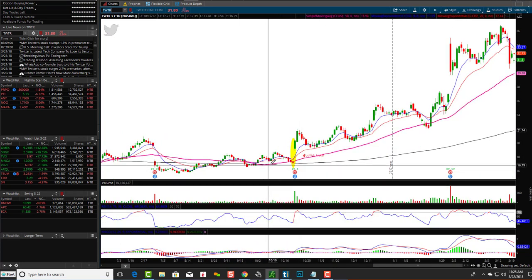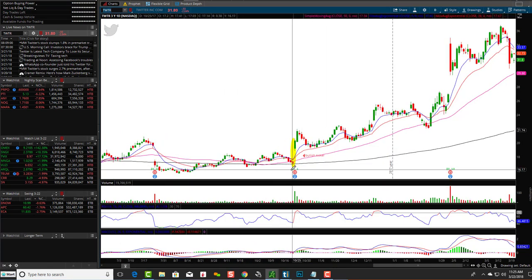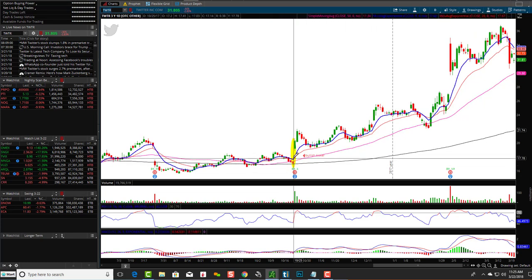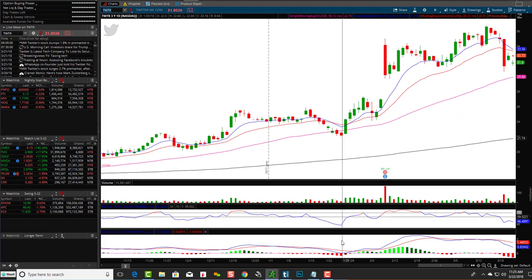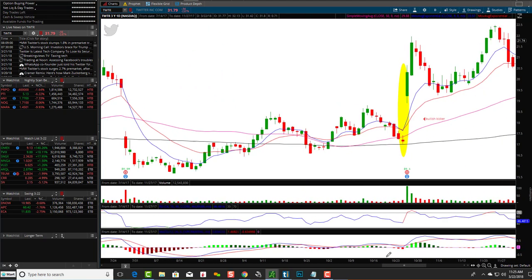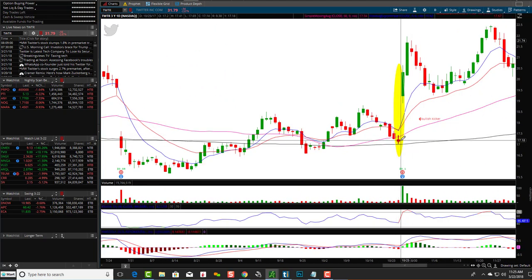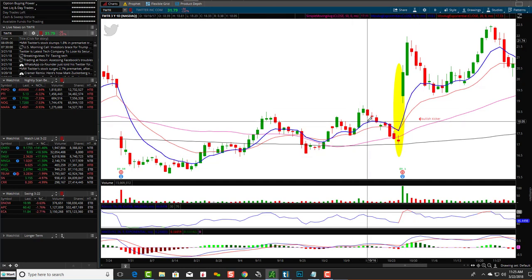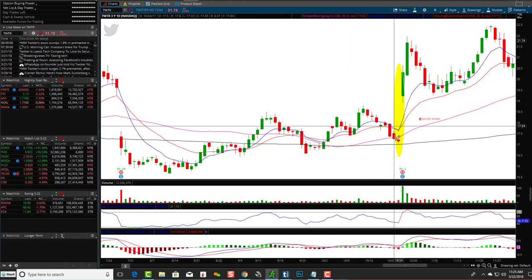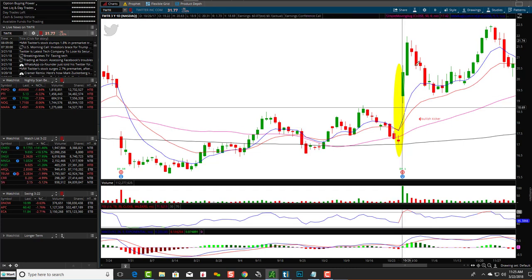Here's a bullish kicker on Twitter. Look at this, it happened right at a moving average line, right in between all the other moving average lines. You'll see this spinning top or a doji right off of the 200 SMA. Got a major kicker above, got huge volume, and again, created this window. So this is a bullish kicker.